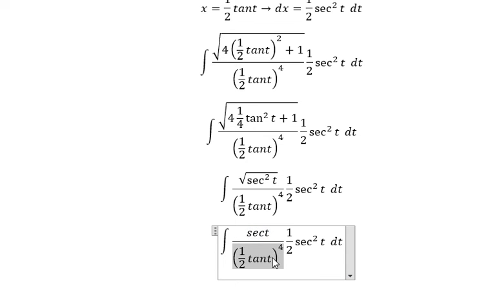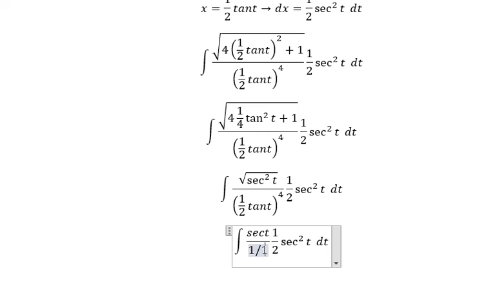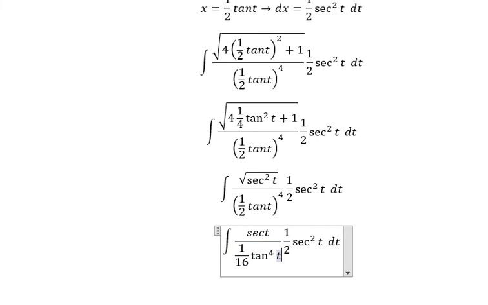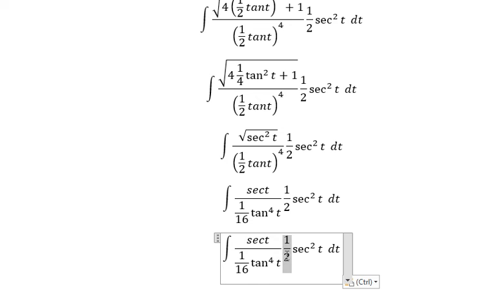This one we have 1 over 16, and we have tan t to the power of 4. 1 over 2 divided by 1 over 16, we have number 8.